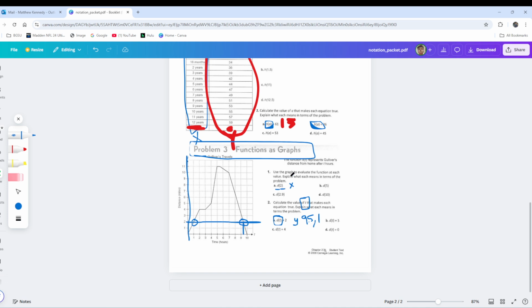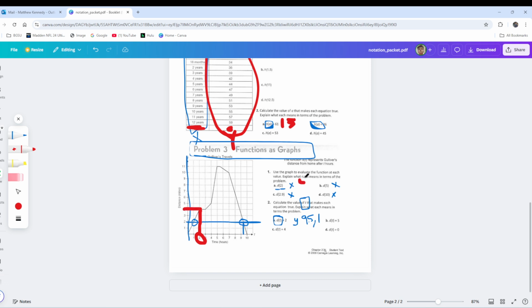This one right here says, what is the y with the given x's? So I have x of 10, I have x of 2. If I have my x of 2, I then go to my x of 2. I go up. What is the y value? 4. So 4 is my answer.